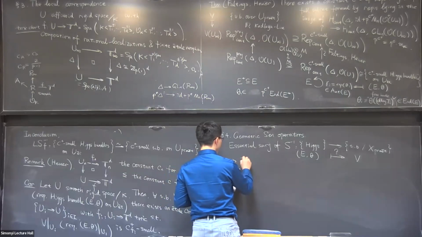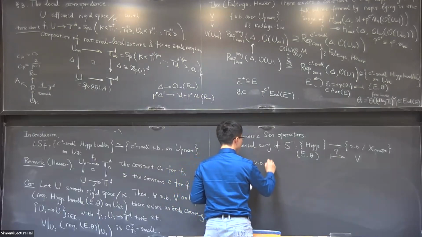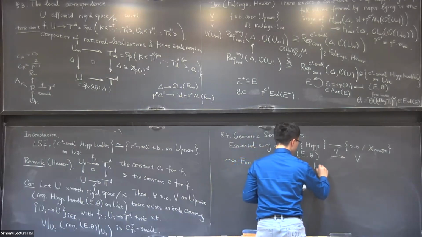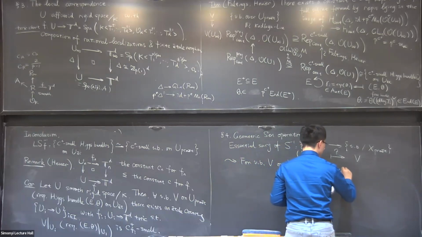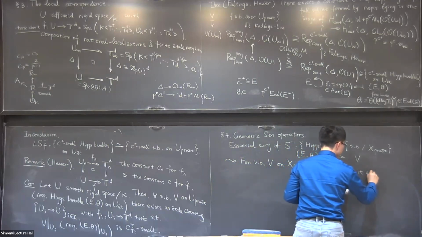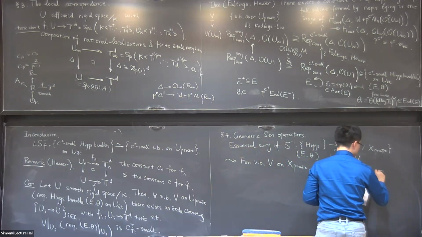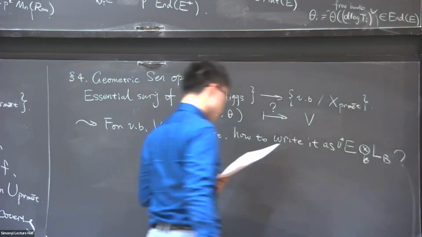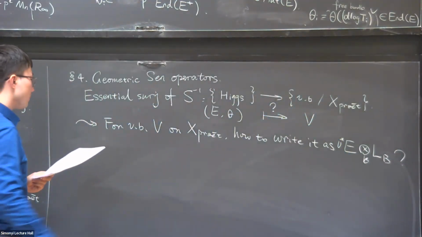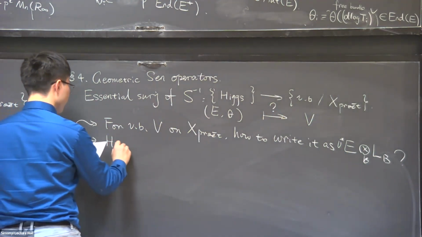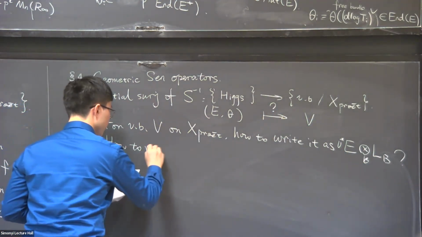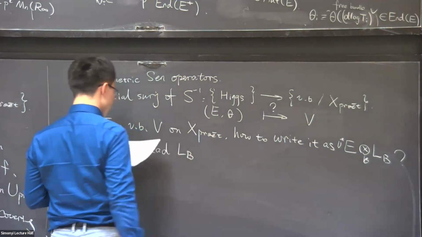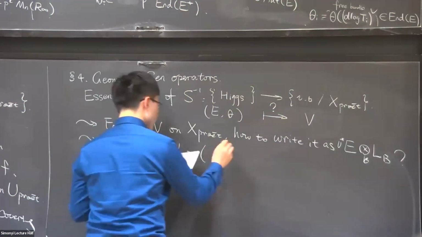Namely, for any vector bundle V on X pro-étale, how to read this twisting torsor, this invertible D-module?